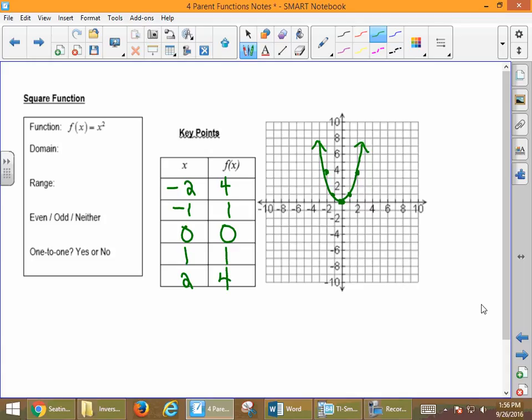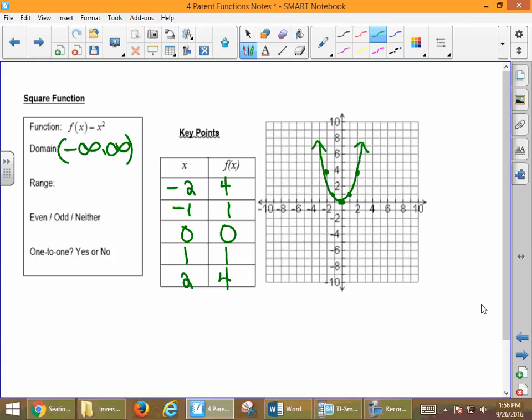Is the domain still all real numbers? Yes. X is allowed to be anything. But the range is not all real numbers. And when we're looking at the range, we have to ask ourselves, do we have a high point or do we have a low point in this graph?